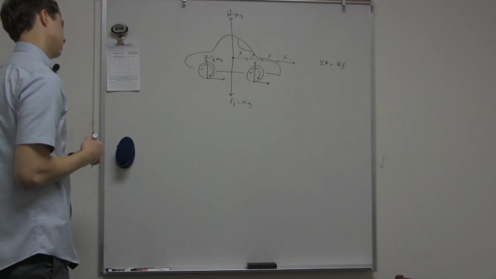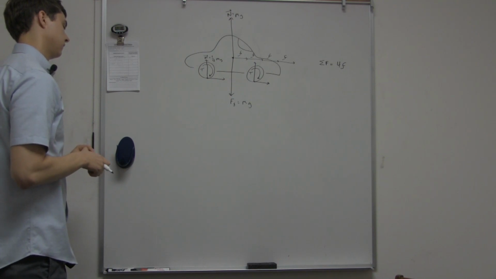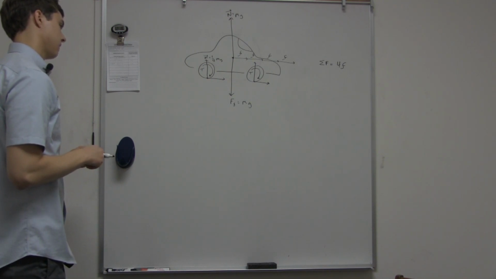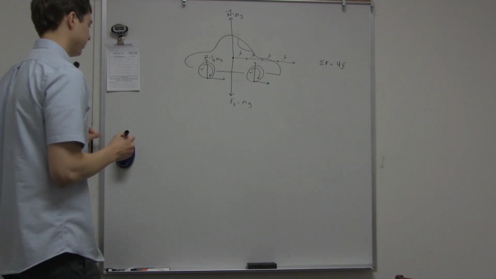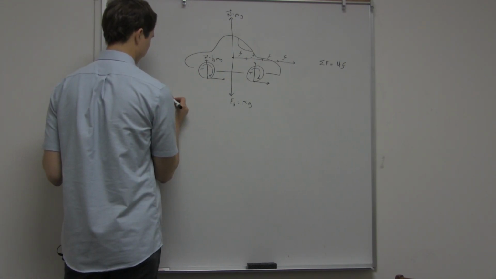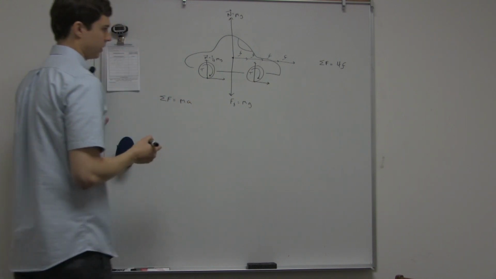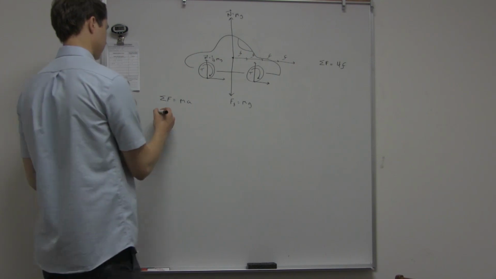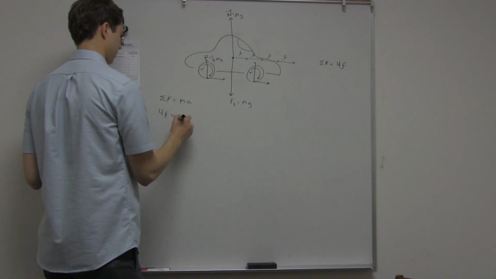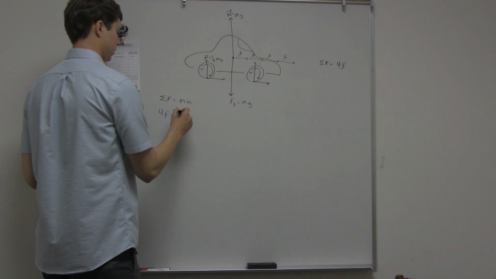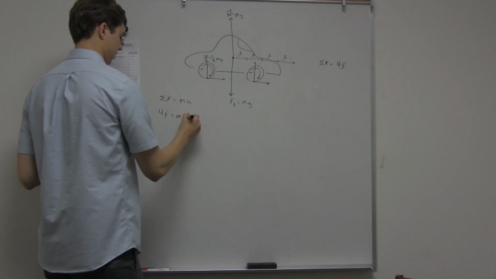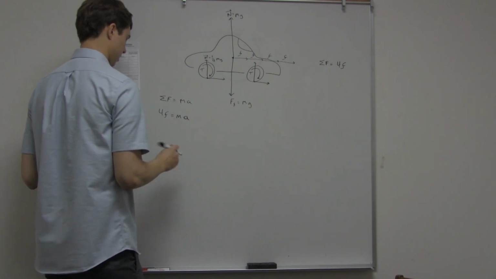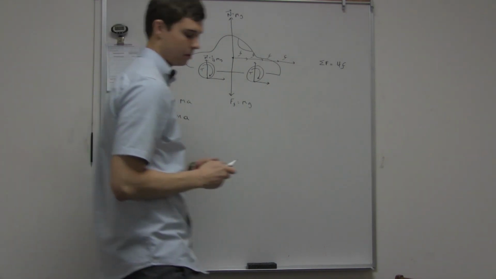So it should just be, I think they're trying to make it sound more complicated than it is, but if we just think about this equation, sum of forces equals mass times acceleration. We already know what our net force is, it's 4F. And we know that the mass of our whole system is M. And we're looking for a, so it should just be 4F divided by M.